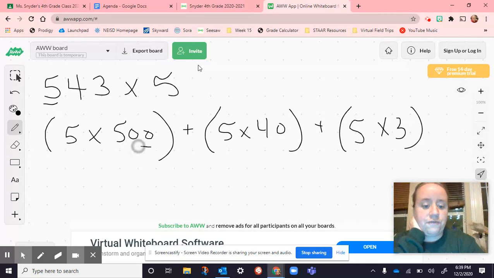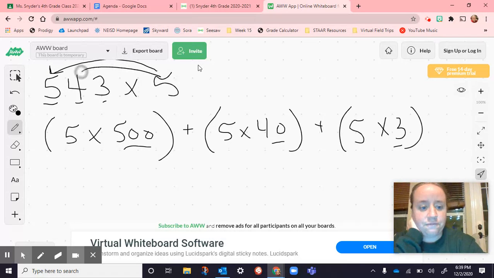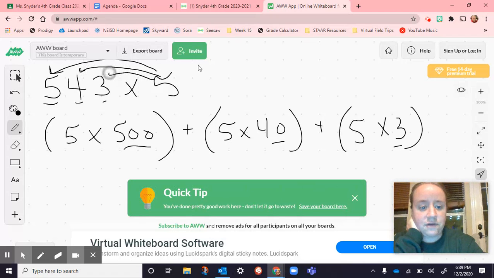So when we do that, the 5 right here is in the hundreds place. It has a value of 500. The 4 is in the tens place. It has a value of 40. And the 3 is in the ones place, so it has a value of just 3. And all of those are getting multiplied. So we're doing 5 times that, 5 times that, and 5 times that.